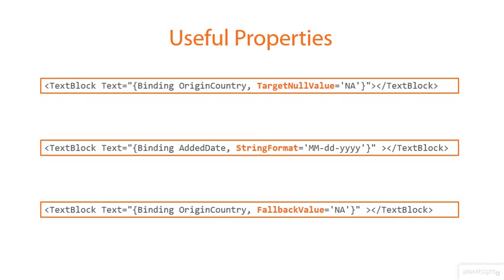Finally, the FallbackValue property. It allows us to specify a value which will be displayed if the binding for some reason goes wrong. For example, imagine that we have a class which inherits from a base class, and assume that the inheriting class adds some properties. In a data binding scenario, it can happen that we receive either an instance of the base class or of the child class.